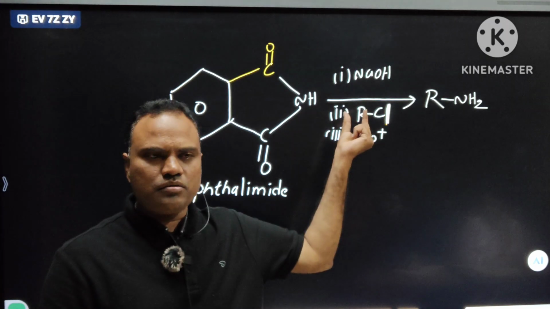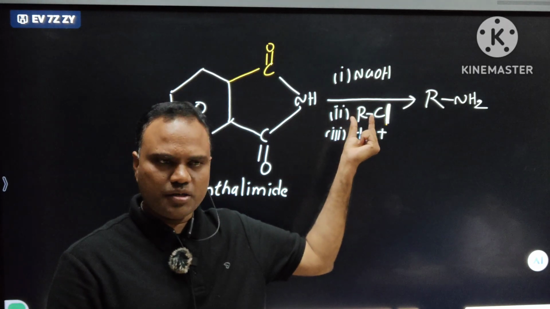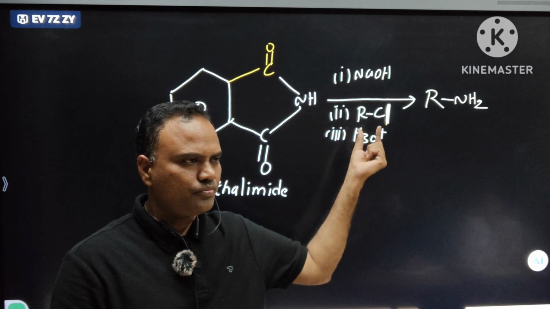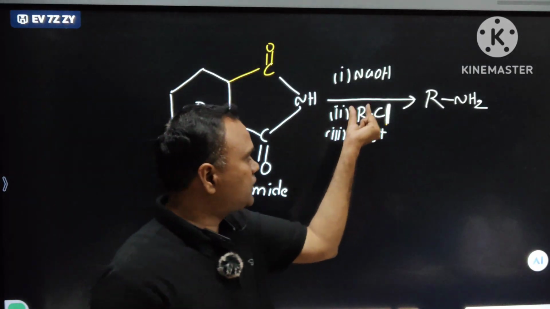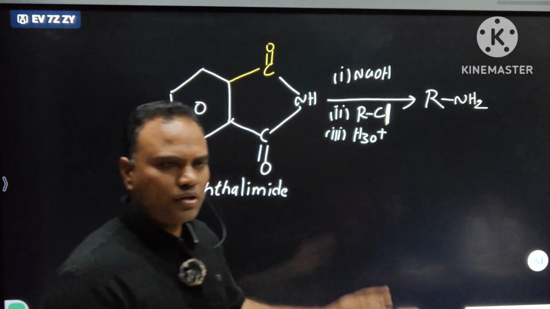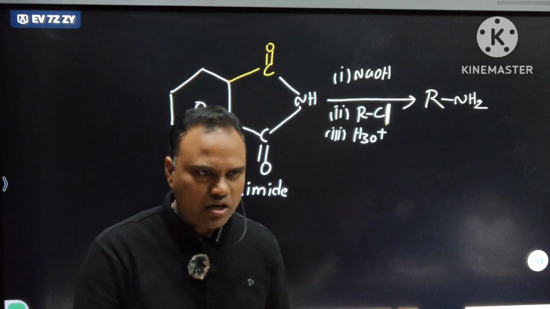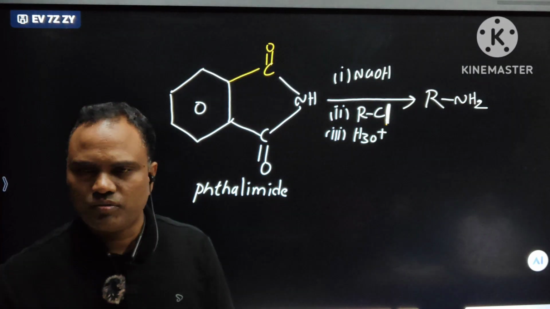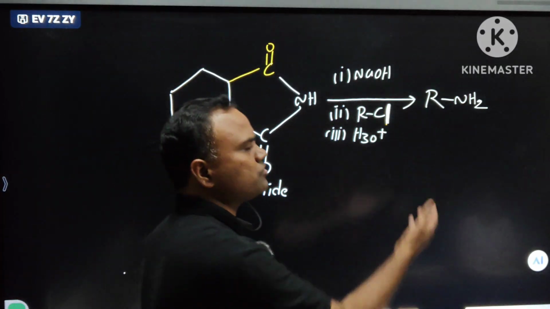In place of R, like methyl, methylamine, ethylamine, you can take a cyclohexyl group also. Write that R here and attach NH2. You are preparing amine, so attach NH2.